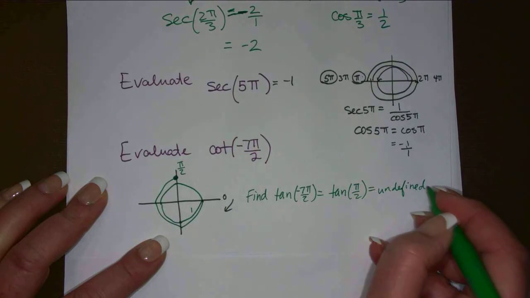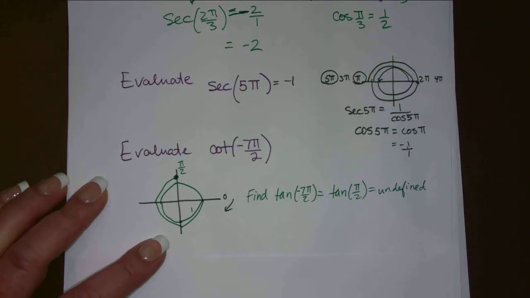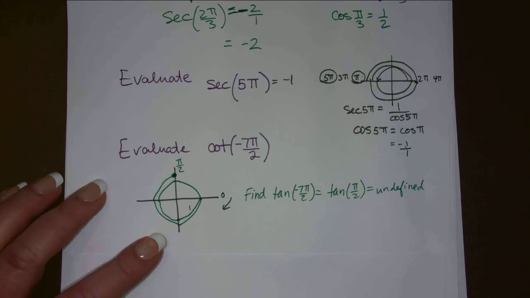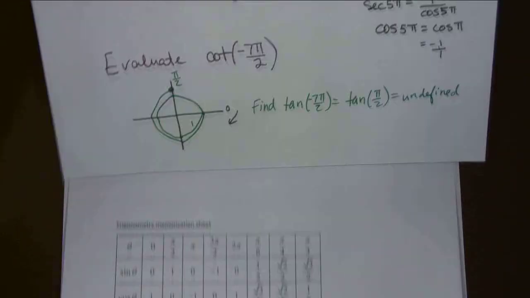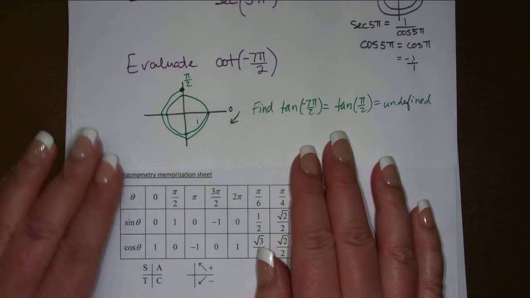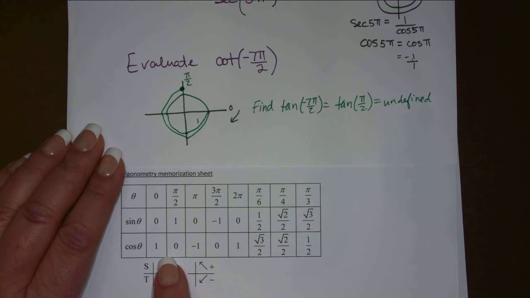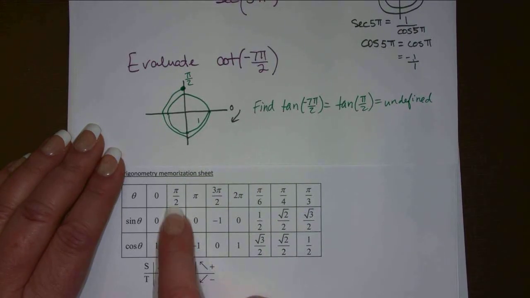That does not mean cotan is undefined. It does not. I want you to think back at our table. So when we found tan, where's pi over 2? When we found tan, we did 1 over 0. If we do the opposite of that, or the reciprocal, it would be 0 over 1, which is what? 0.